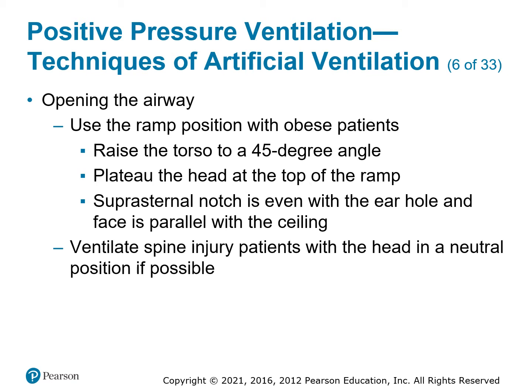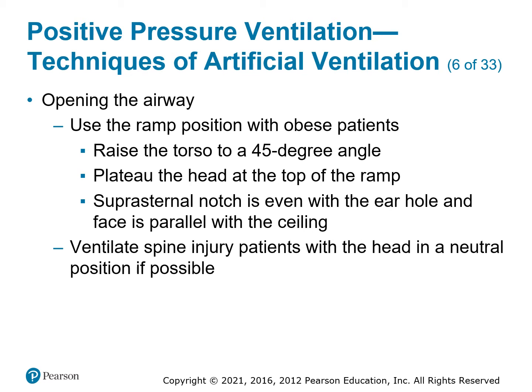So when you have someone who is quite large, you've got a lot of neck tissue, neck folds, and subcutaneous fat, it may be beneficial to put the patient in what we call a ramp position, where the torso is at about a 45-degree angle and the head is flattened.